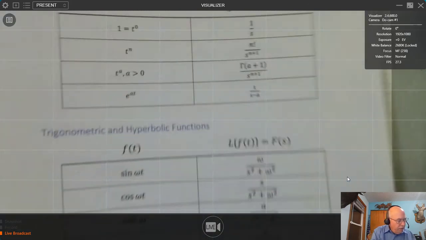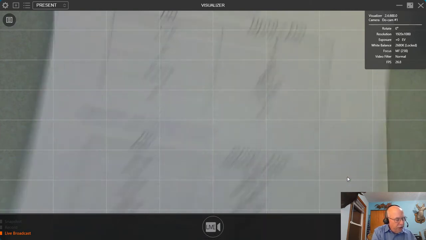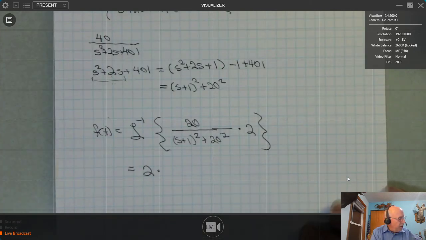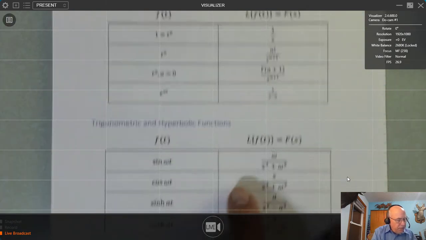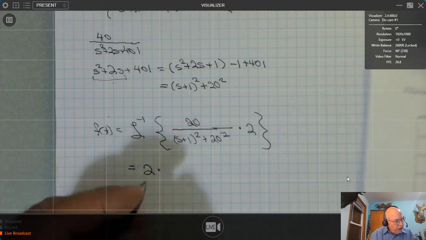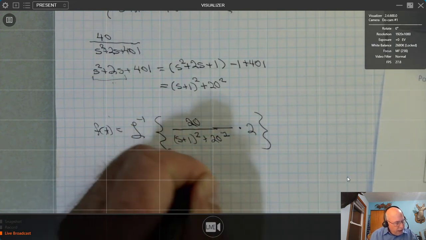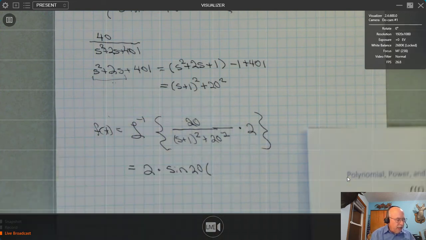Now, if we didn't have the plus 1, if it were just s squared plus 20 squared, that would take us back to the sine of 20t. So this is going to involve the sine of 20 something, but it's not just t.